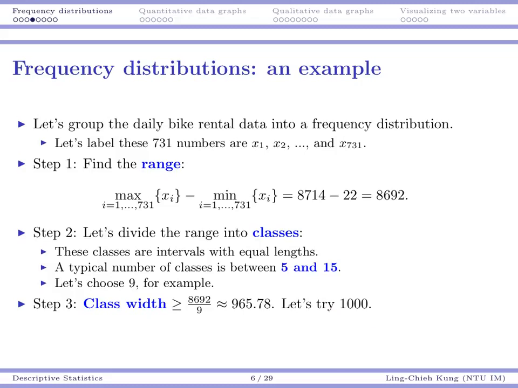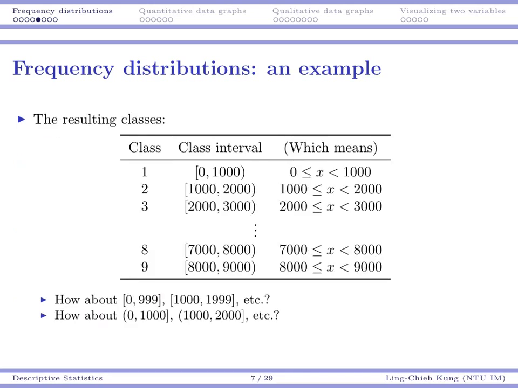So we have decided that for each class, the width would be 1000, and we're going to use 9 classes to cover the whole range of our data set. The resulting 9 classes that we design would be: the first one is from 0 to 1000, the second one is from 1000 to 2000, and so on, and the last one is from 8000 to 9000.